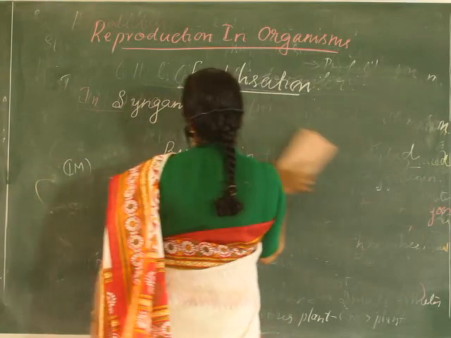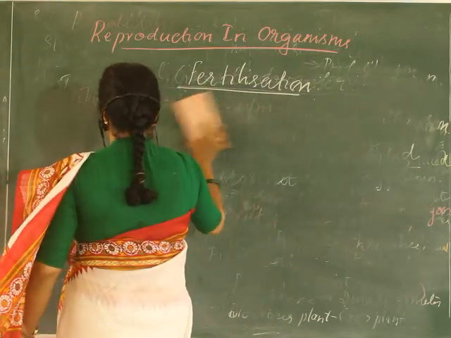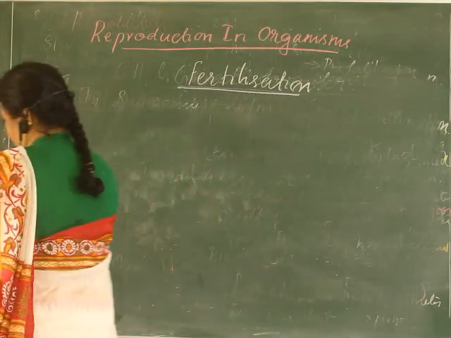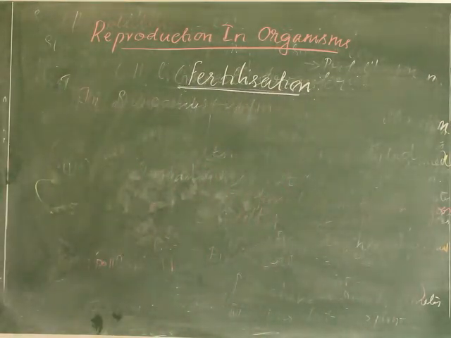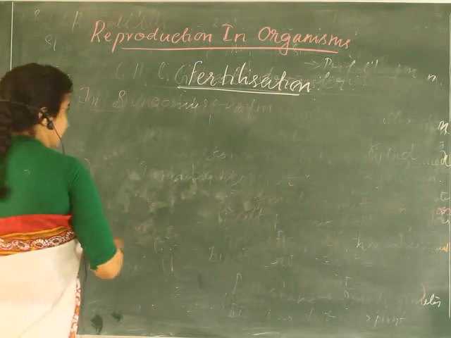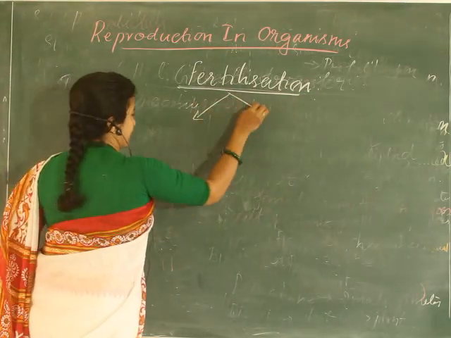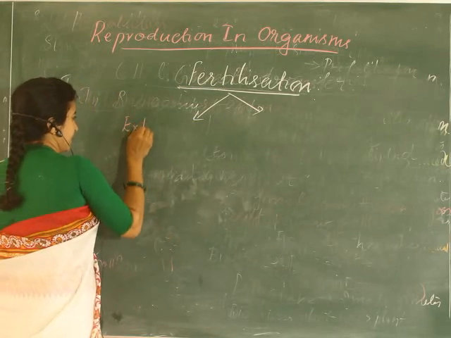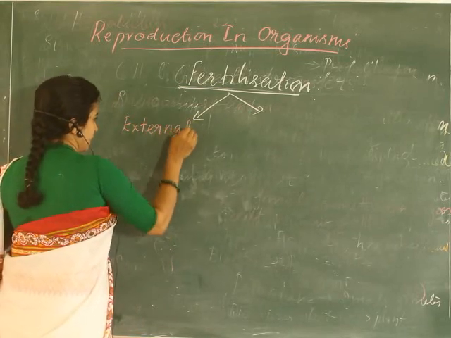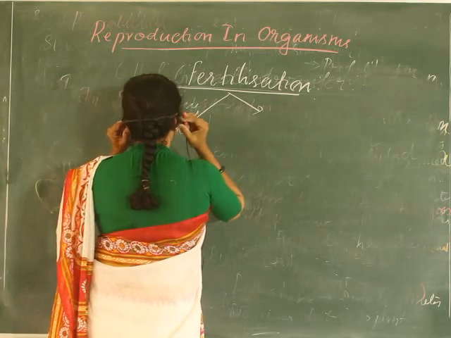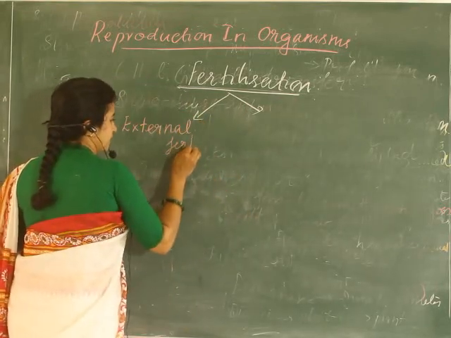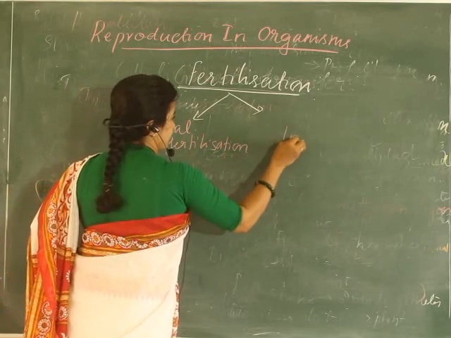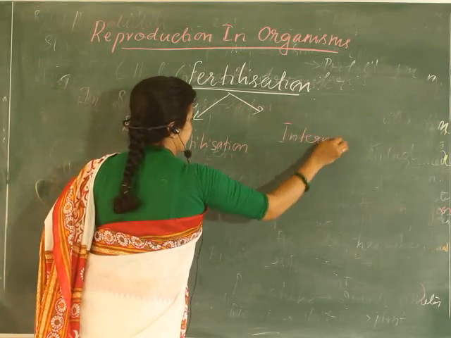Can you name two types of fertilization? The two types, based on the medium or the area, are external fertilization and internal fertilization.